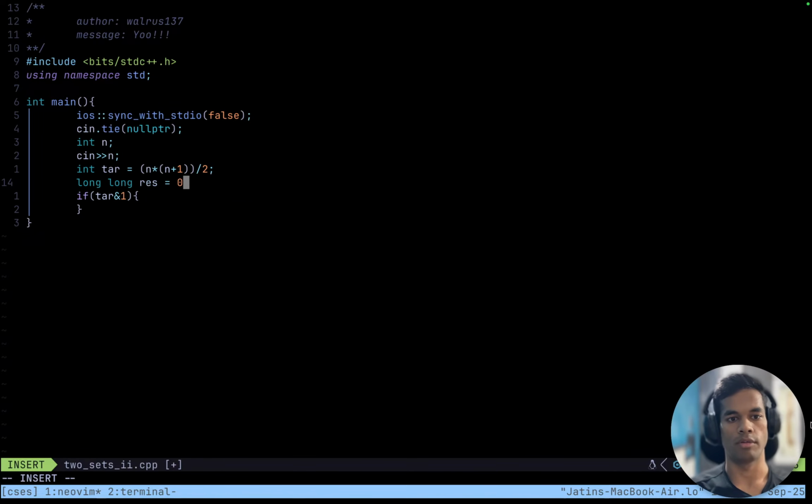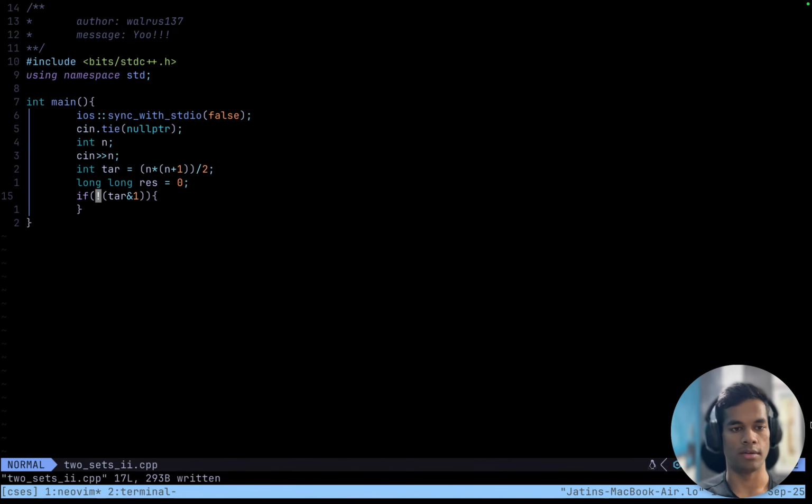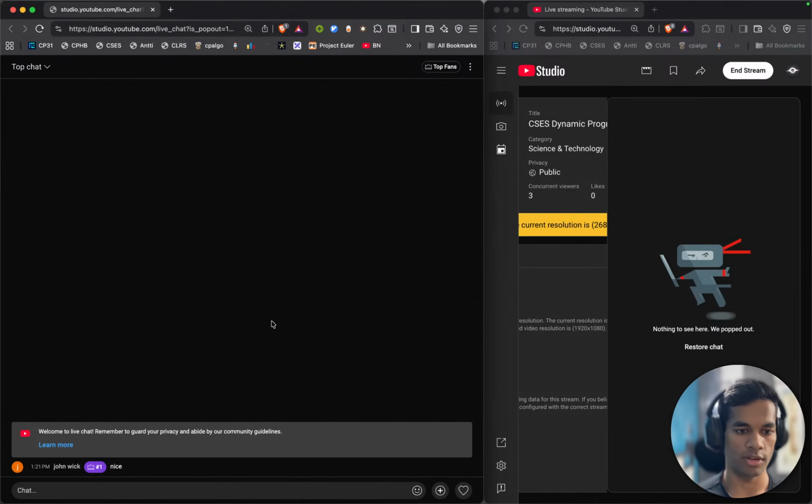Long res equals 0. If target is not odd, then do something at the end, otherwise just return res. And now tar is even, and we would be able to do something.